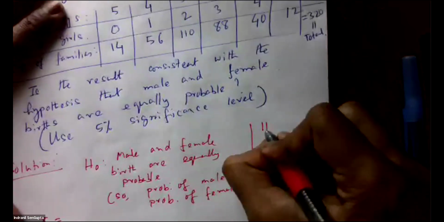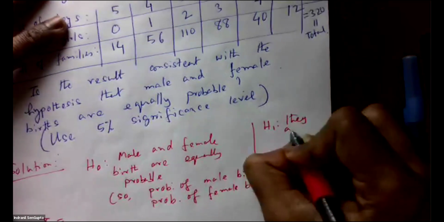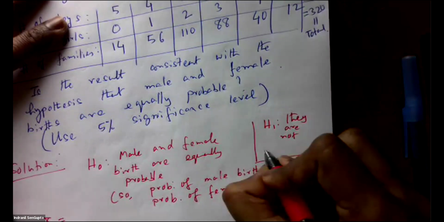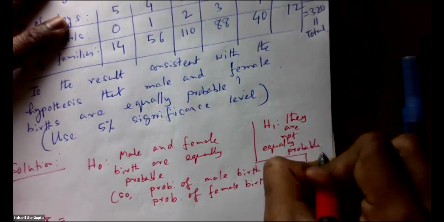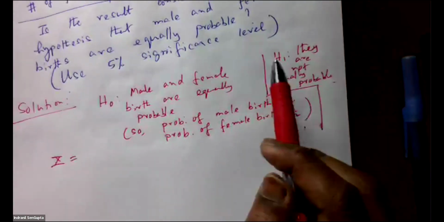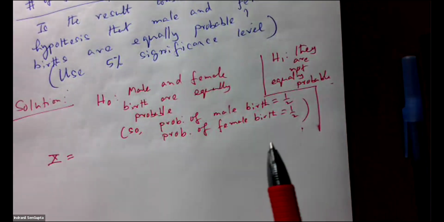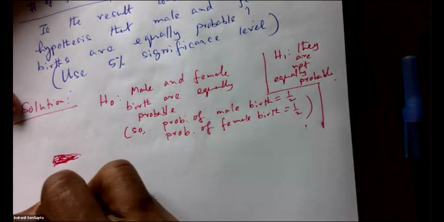What is the alternative hypothesis? That they are not equally probable. That means male and female births are not equally probable. We are not trying to claim which one is more for the alternative. We are just saying that they are not equally probable. Okay. So let's consider X. So what is the X?